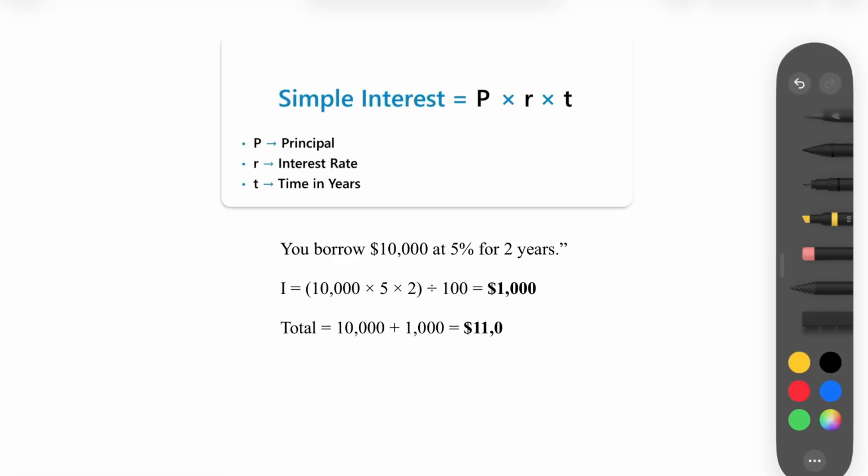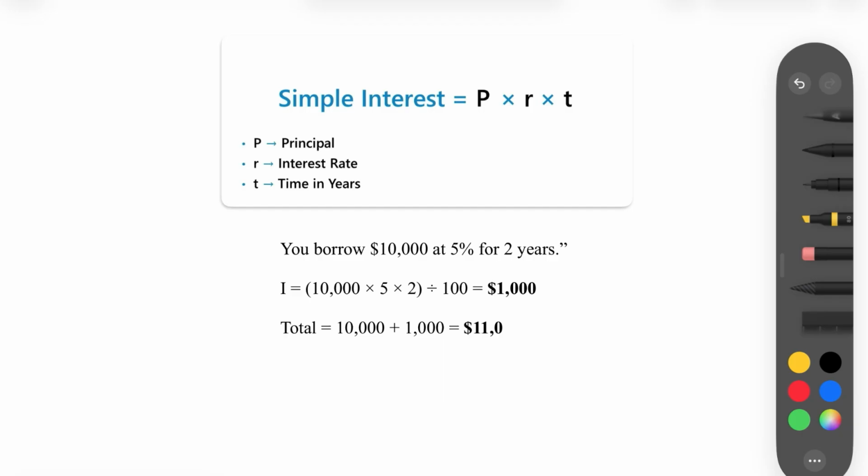And the time in years, which they said we borrowed it for 2 years, you substitute here for the time in years. Hopefully I'm not confusing you guys, but I'm trying to explain it as simply as possible.